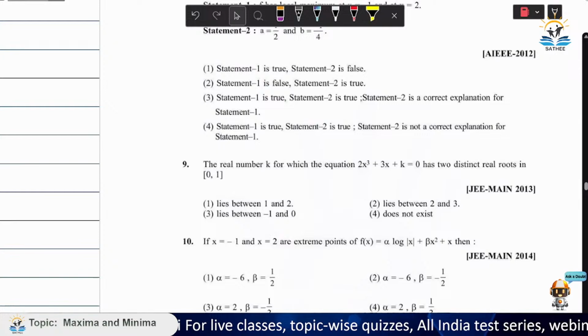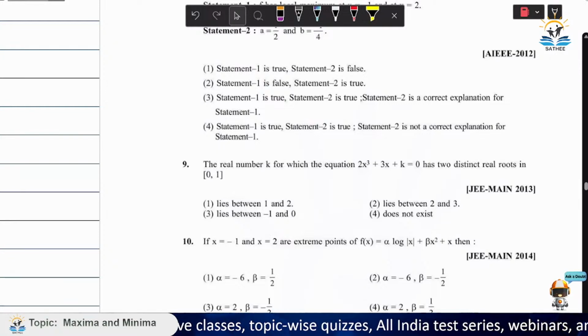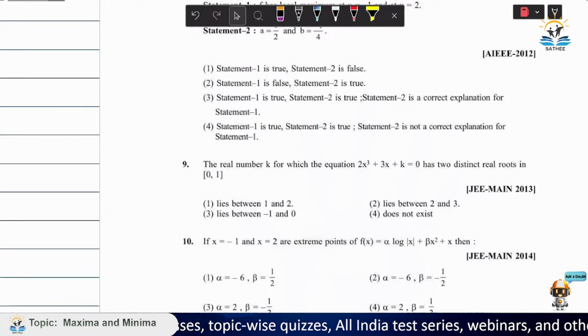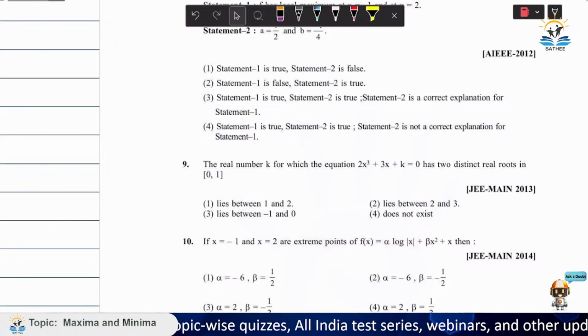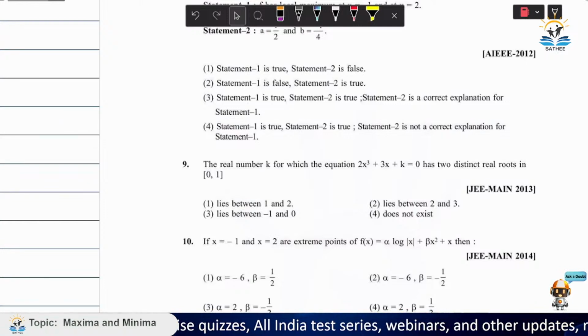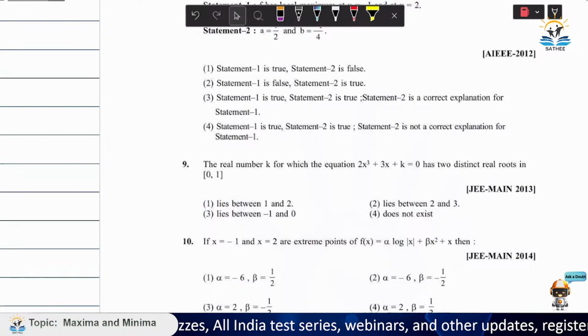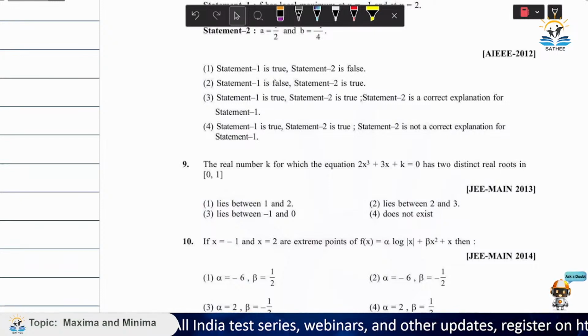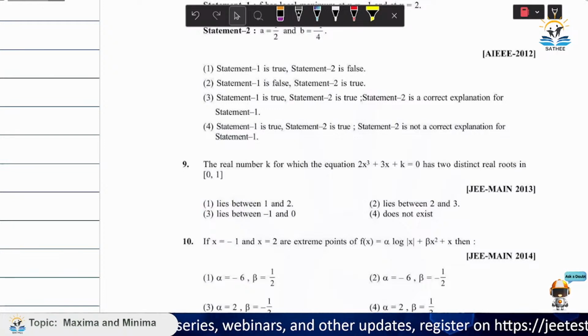Let's go to this. Real number k for which the equation has two distinct real roots in 0 to 1.